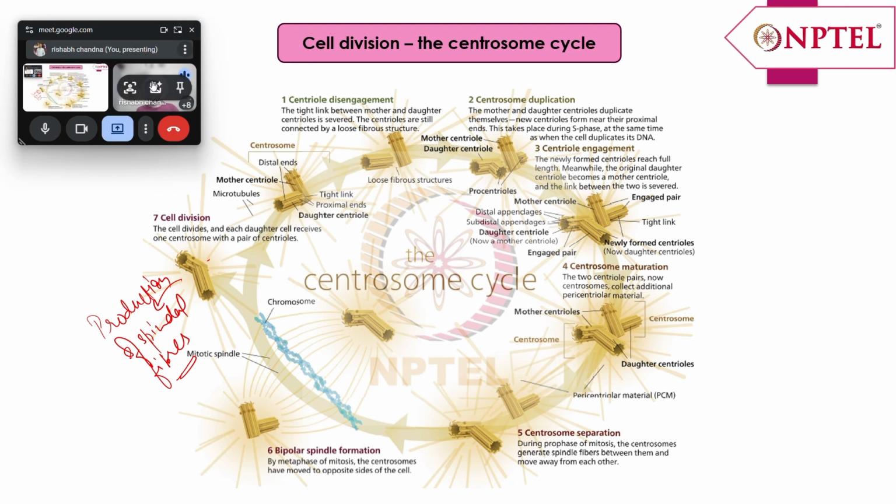The duplication actually takes place in the interphase itself. No duplication of any organelle takes place from the prophase. Everything duplicates within the G1, S, and G2 phases. So the centrosome helps in the production of the spindle fibers.